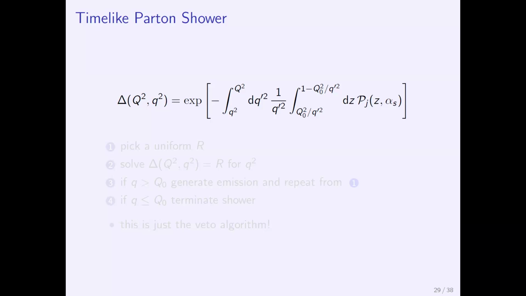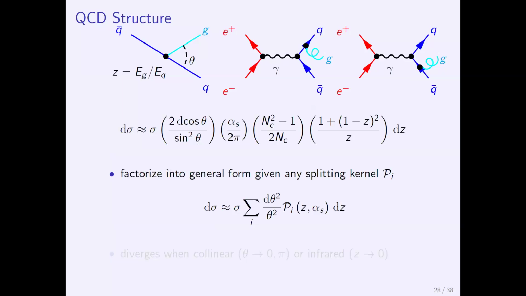Well, the idea is that we have this equation here. This equation tells us what our probability of transitioning from one energy scale to another energy scale is. You see that this Pj enters in here; these are the splitting kernels from the previous slide. That's this here, which corresponds to this right here.